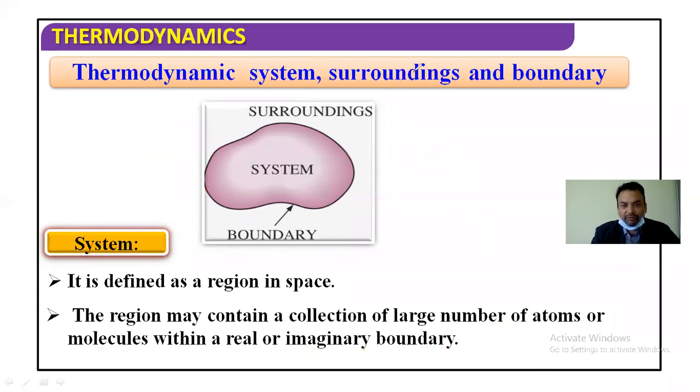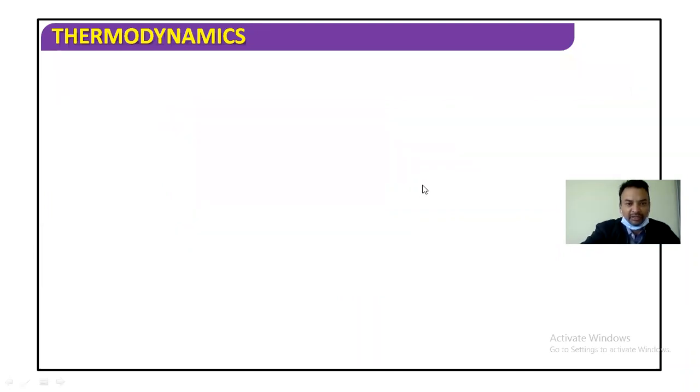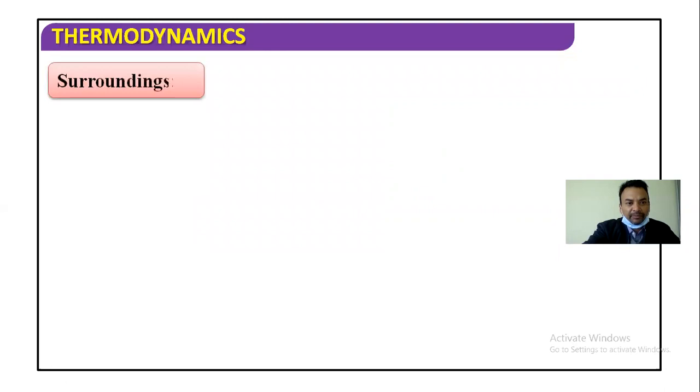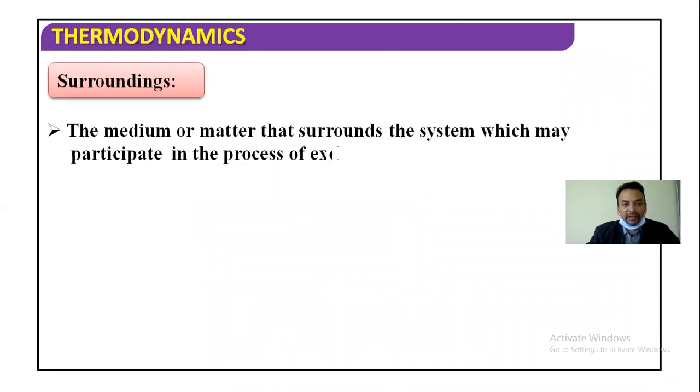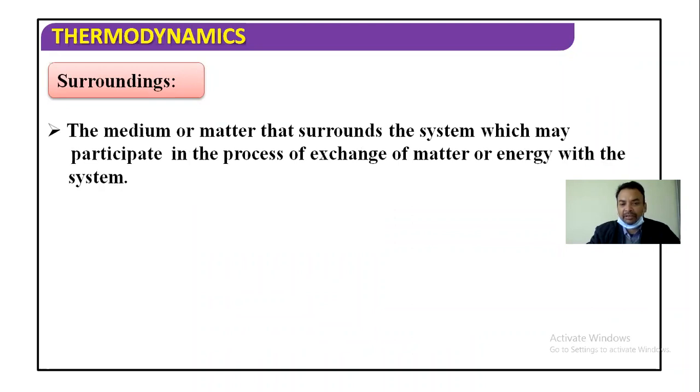So this is the first part of thermodynamics, where we defined what a thermodynamical system is, what the surrounding is, and what the boundaries are. Now let us go to the surrounding. The surrounding is the medium or matter that surrounds the system, which may participate in the exchange of matter or energy with the system.